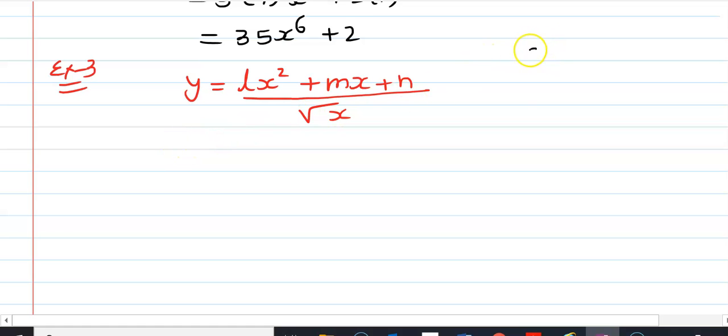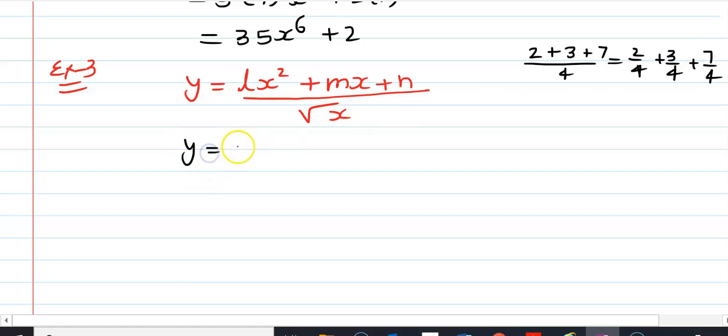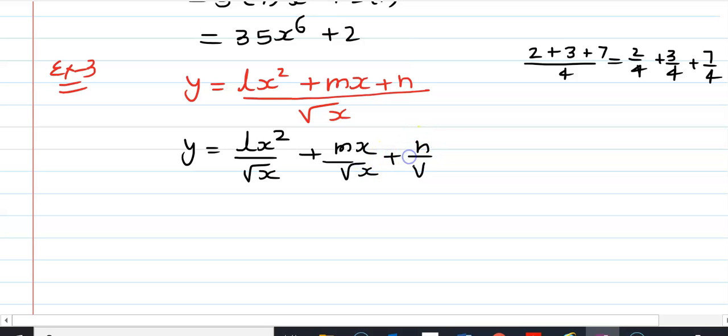So we know one thing, like if 2 plus 3 plus 7 is over 4, then we can write 2 over 4 as well, 3 over 4 as well, and 7 over 4. So similarly, this we can simplify. We are not starting differentiation first, we are solving algebraically. So lx² divided by root x, mx divided by root x, and n divided by root x. Root x is basically x to the power half.